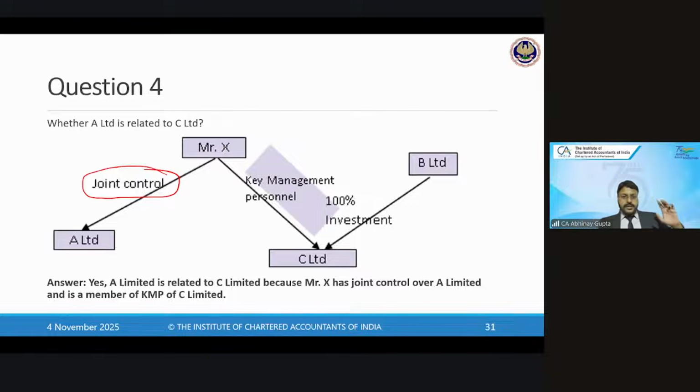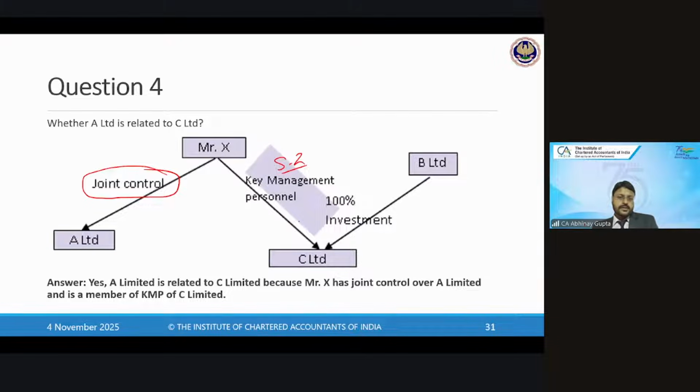Yes. Right. Now here, Mr. X has a joint control over A. So in a nutshell, Mr. X has something more than SI on A, yes or no? Yes, sir. And it has SI on C. Yes, sir, because KMP is SI.